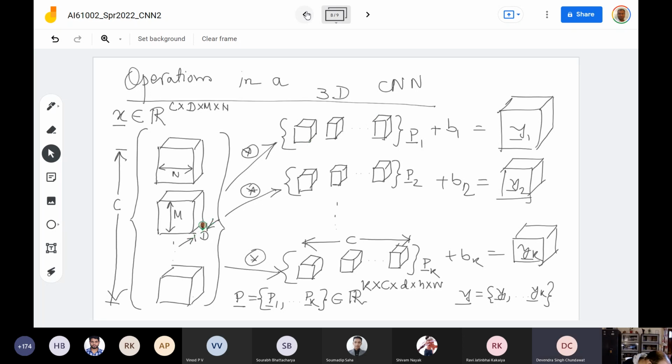This small block is going to convolve over this one, which is one of my color channels. So this one matches with this one, this one convolves with this one, this one does it with this one. But for each of them, you have this time dimension, and this is the time dimension over here.